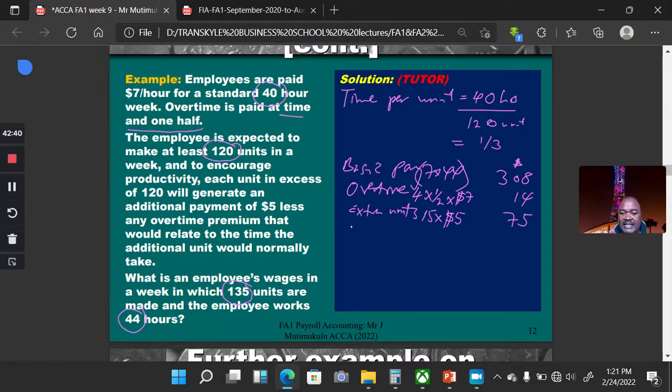Less any extra overtime premium. How do we get the extra? The extra overtime is paid at a time and a half. So we can start with the half, it doesn't matter: the half multiplied by $7 per hour, multiplied by the extra hours.